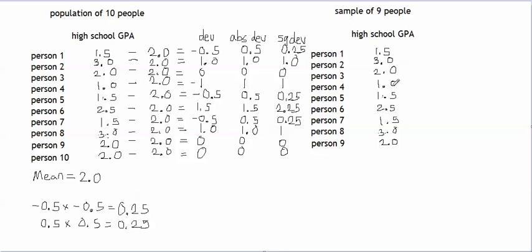Now what can we do? We can't do anything with these numbers. If we tried to add them up, they would add up to 0. We can do something with these numbers. We can add them and then divide by the number of numbers, which would give us the mean of the absolute deviations.